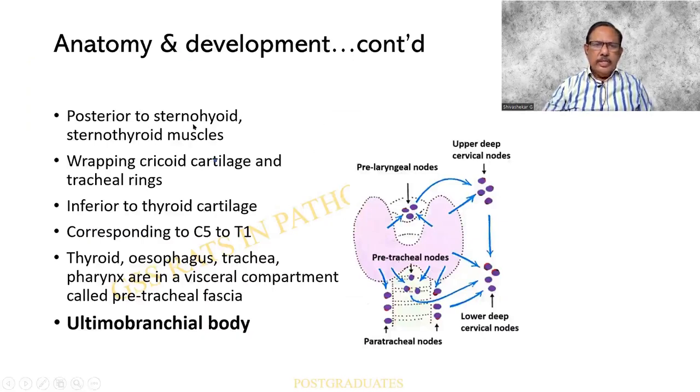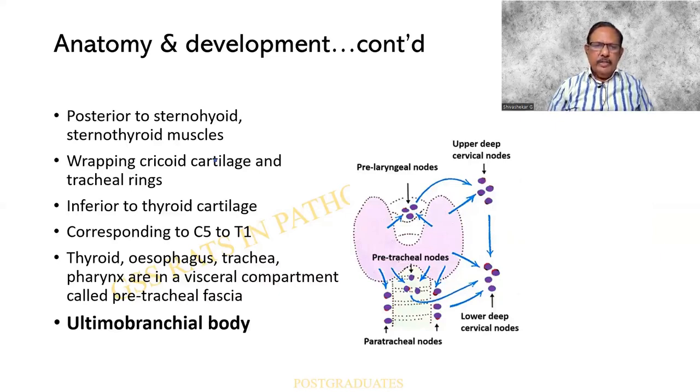It is posterior to the sternohyoid and the sternothyroid muscles. It wraps the cricoid cartilage and the tracheal rings. It is inferior to the thyroid cartilage and is located between C5 and T1.